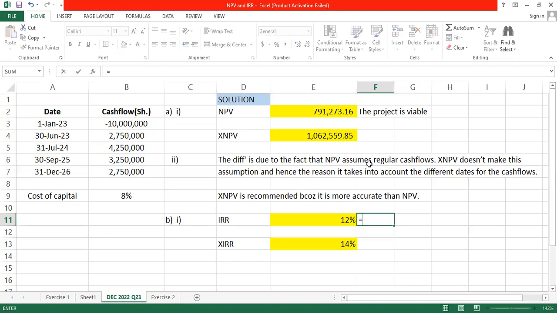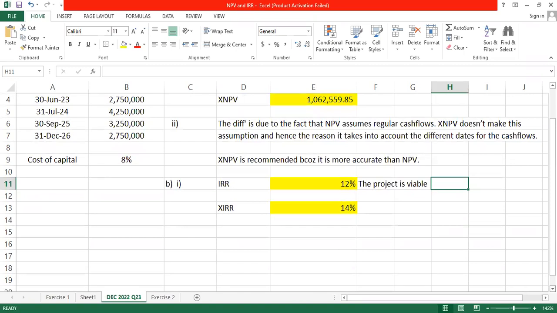So we shall say that the project is viable because IRR is more than the cost of capital. So is there any question on that? Is there any question?